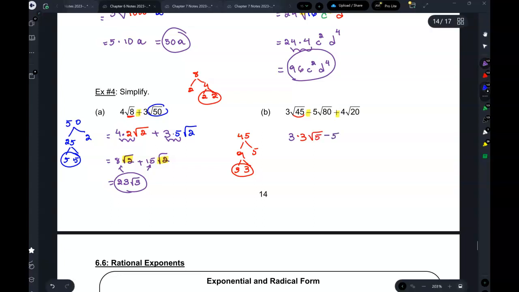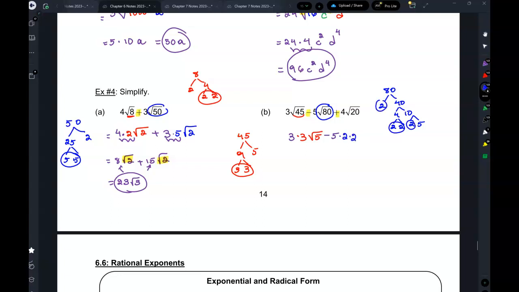Minus 5 times root 80. 2 times 40, 4 times 10, 2 times 2, 2 times 5. What's going to come out? A pair of 2's and then another pair of 2's. So times 2 times 2, root 5.